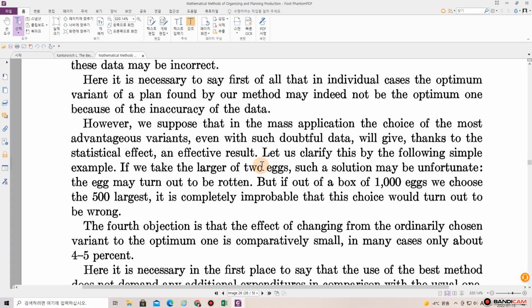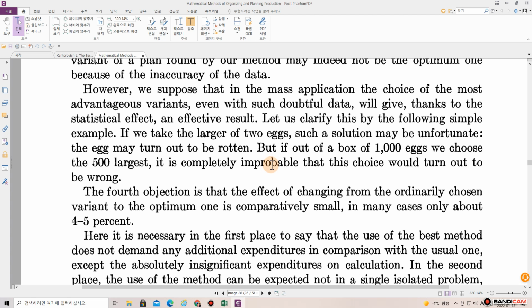Here, it is necessary to say first of all that in individual cases, the optimum variant of a plan found by our method may indeed not be the optimum one because of the inaccuracy of the data. However, we suppose that in the mass application, the choice of the most advantageous variant, even with such doubtful data, will give, thanks to the statistical effect, an effective result.